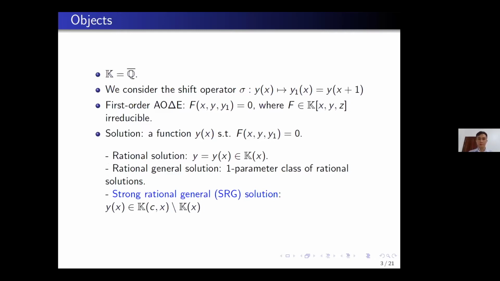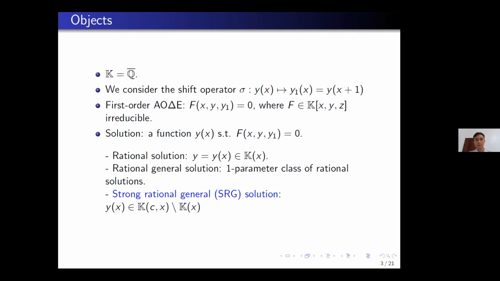The main object of the talk is the first order algebraic ordinary difference equation, which I write AOΔE for short. A first order AOΔE is a difference equation of the form f(x, y, y1) = 0, where f is a polynomial, and we can additionally assume that f is an irreducible polynomial.